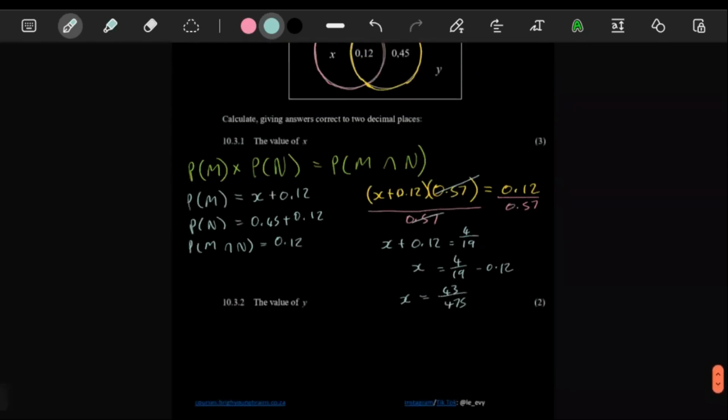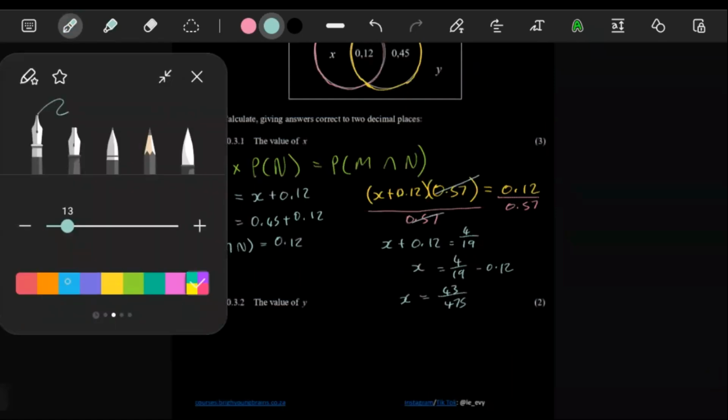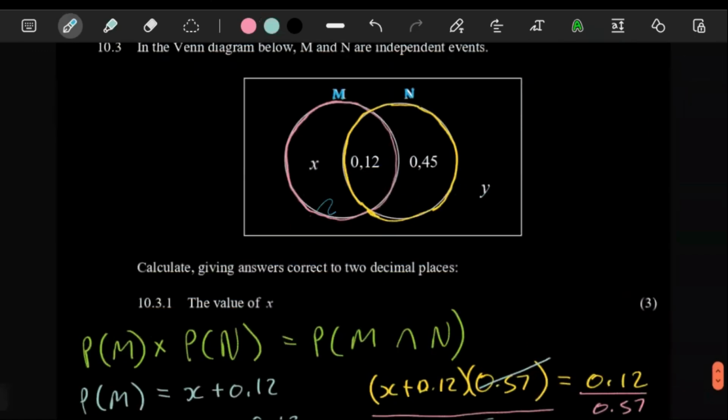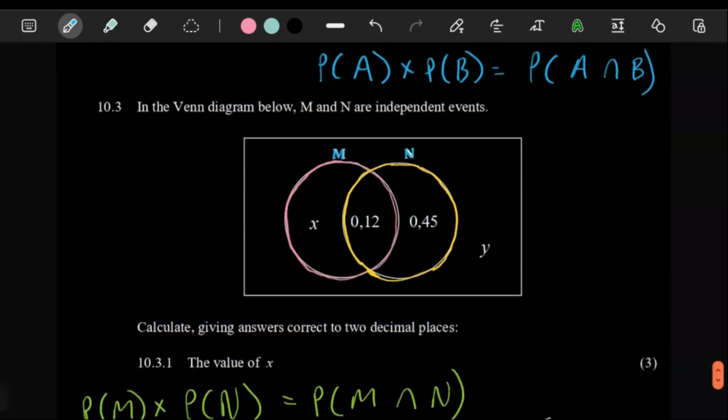Getting a value of y here is not a problem. Fortunately, it's quite simple, because remember, a Venn diagram gives an idea of how everything relates to each other. In probability, the different probabilities of your different events all put together give you 1.